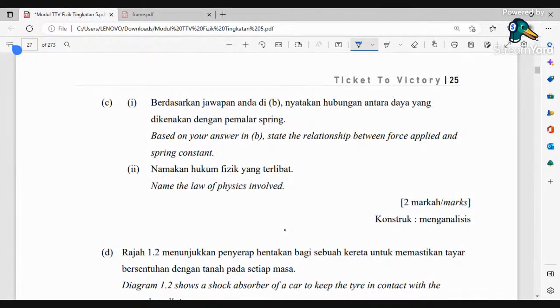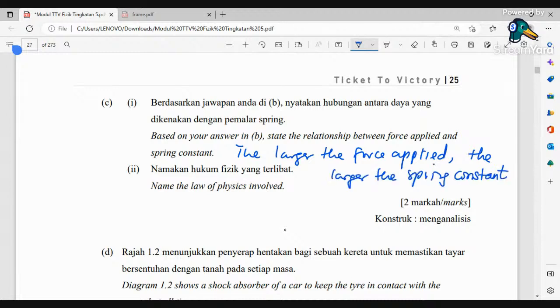Okay, the larger the force applied, the larger the spring constant. Okay, name the law of physics involved. So ini adalah Hooke's law.